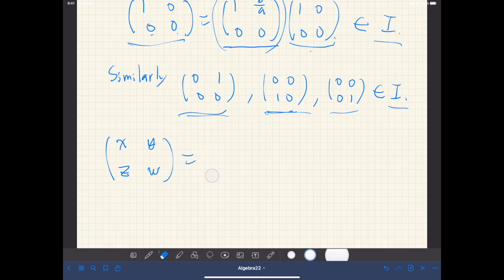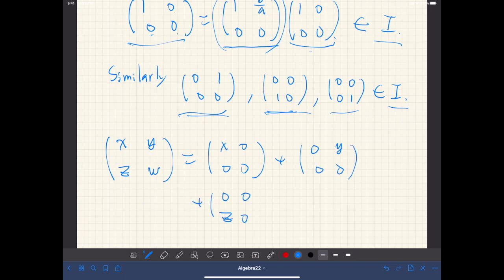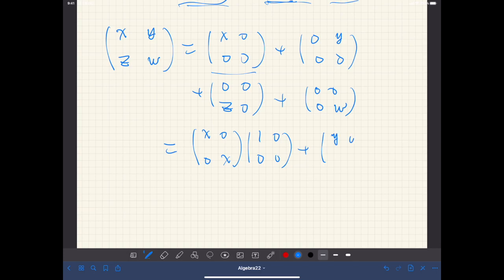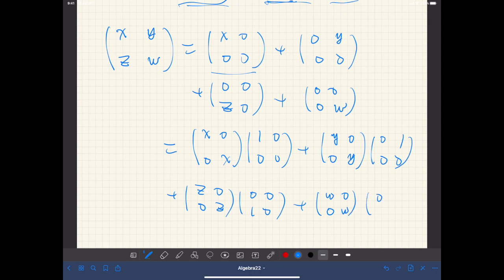X, 0, 0, 0 plus 0, Y, 0, 0 plus 0, 0, Z, 0 plus 0, 0, 0, W. That is X times 1, 0, 0, 0 and Y times 0, 1, 0, 0 and Z times 0, 0, 1, 0 and W times 0, 0, 0, 1.